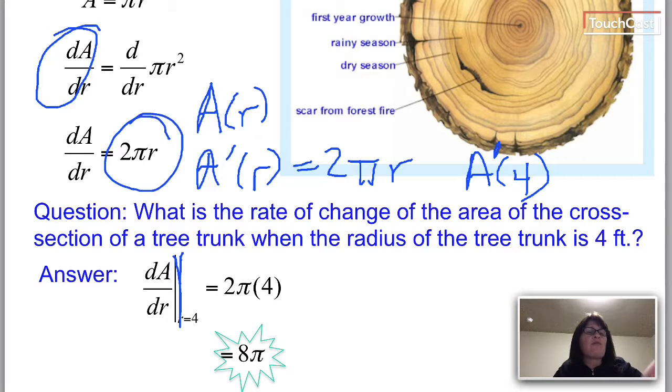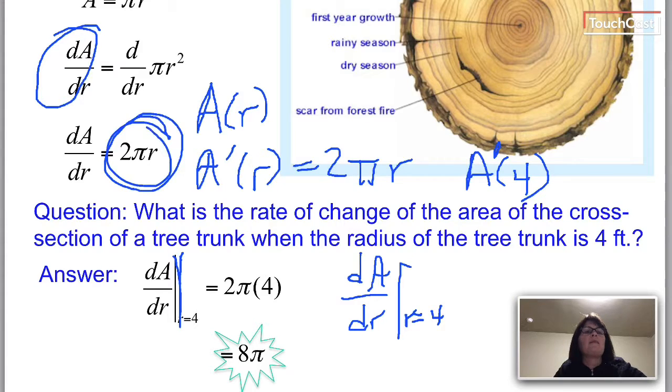That's this formula evaluated when r equals 4. So 2 times pi times 4, 8 pi. Again, that notation, dA/dr evaluated at r equals 4 is going to be my dA/dr formula with r replaced by 4. So 2 times pi times 4, 8 pi.